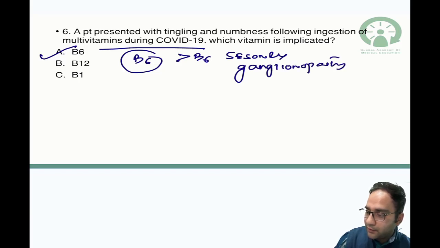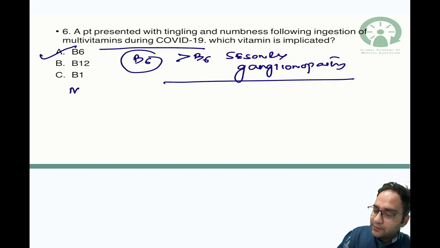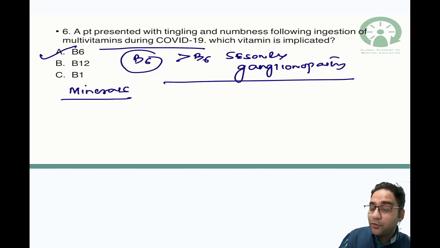Now suppose you do not have these options of multivitamins given here, this question can be modified in another way. They can give you some minerals in your options. Especially if they are saying COVID pandemic, everyone was popping vitamins containing zinc.